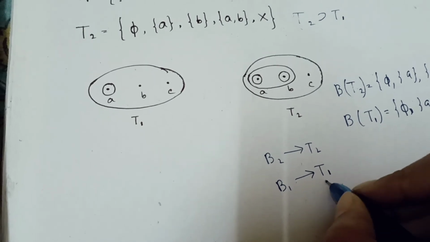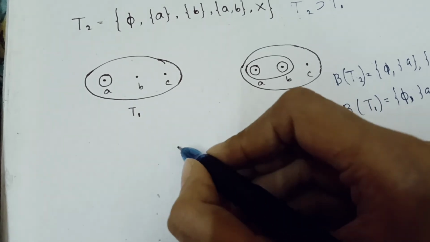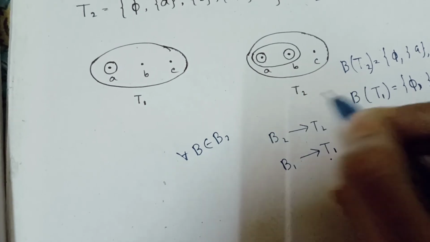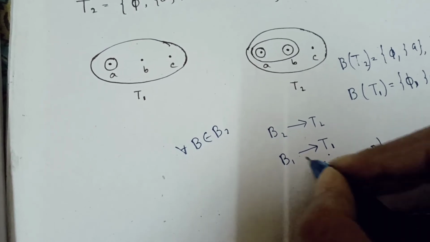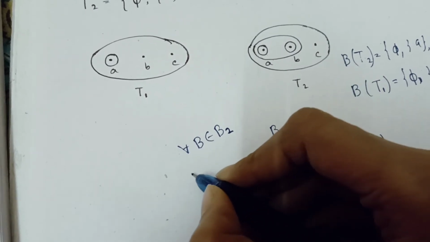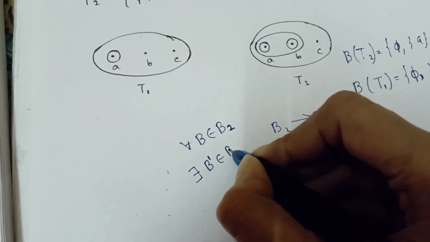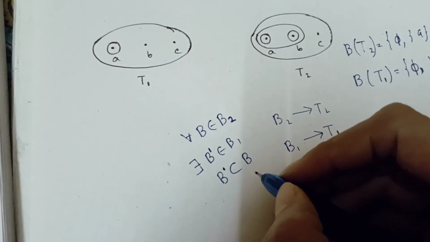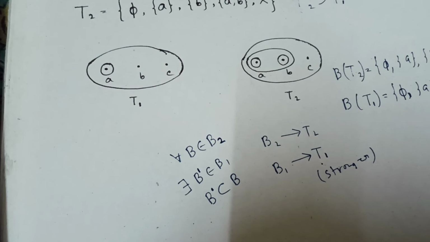We will call T1 stronger than T2 if for every element B belonging to B2, there must exist a B dashed in B1 such that B dashed is contained in B. Then we will call T1 the stronger one.